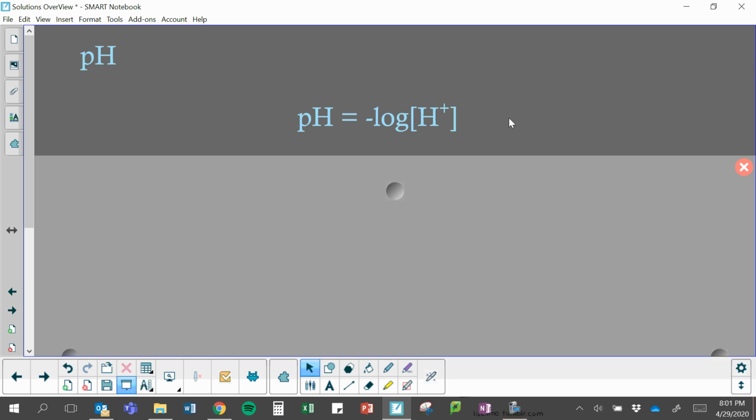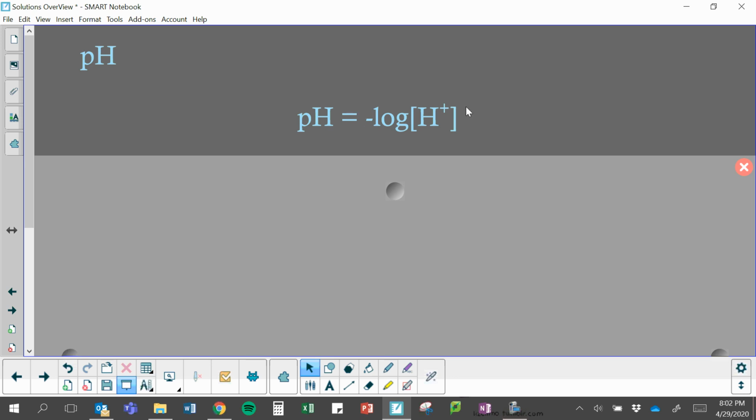So that's how we can tell how strong or weak an acid is, proportional to how many extra hydrogen ions we have floating around in our solution. If we have a lot of hydrogen ions floating around in our solution, then we're going to have a really low pH, and that is shown by when we do the negative log of the concentration.